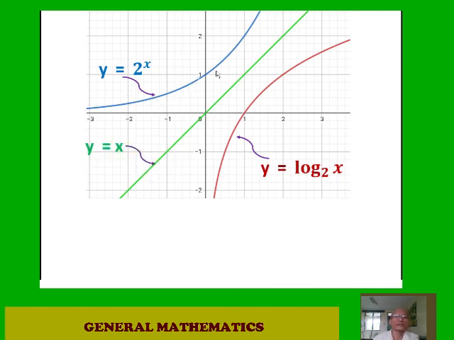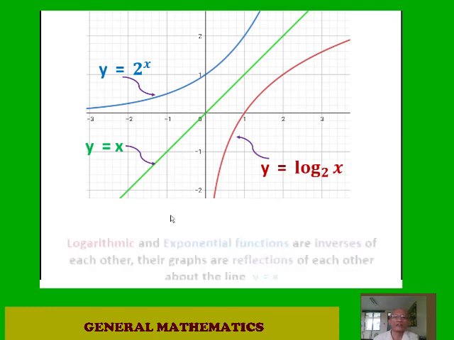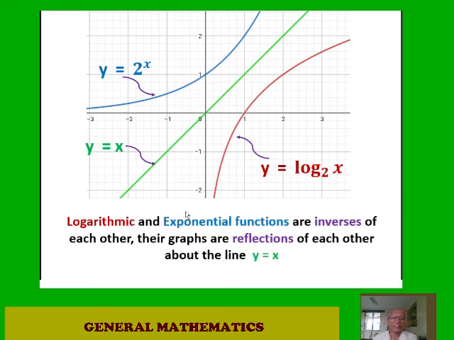So we can say that y equals 2 to the x and y equals log x base 2 are inverses. They are inverse of each other. So logarithmic and exponential functions are inverses of each other. Their graphs are reflections of each other about the line y equals x.